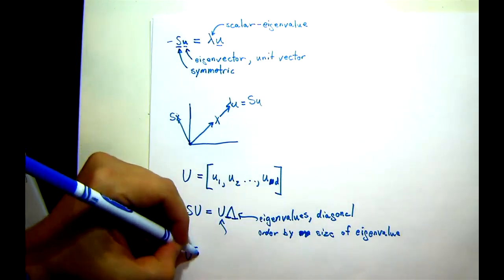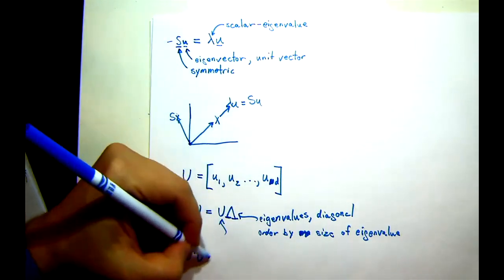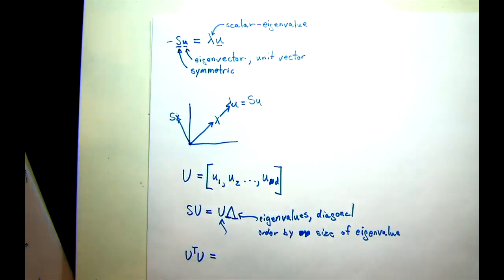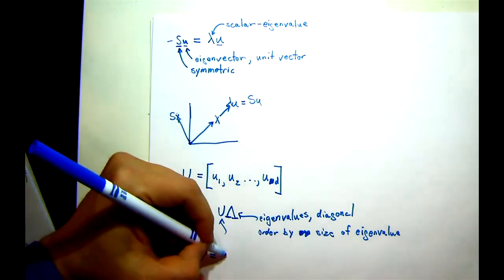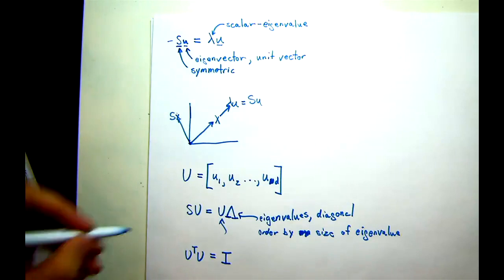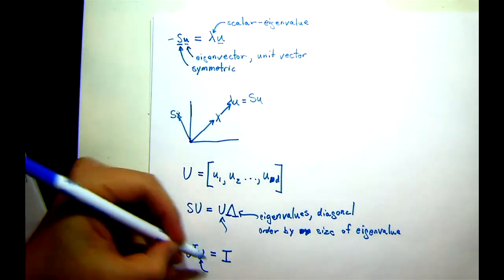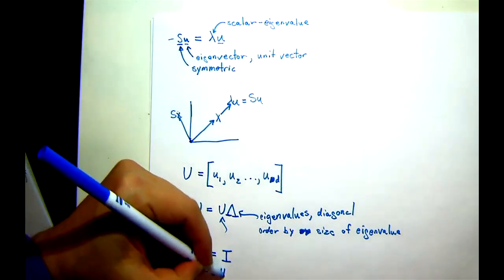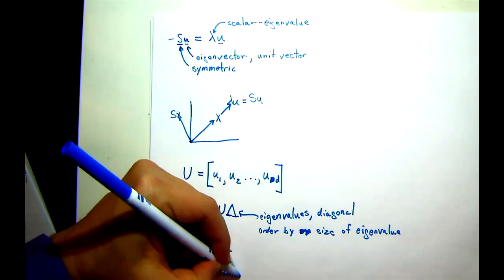So we end up with a situation where U transpose times U is equal to I, where I is the identity matrix. All ones along the diagonal and zeros elsewhere. So this matrix then is called orthonormal.